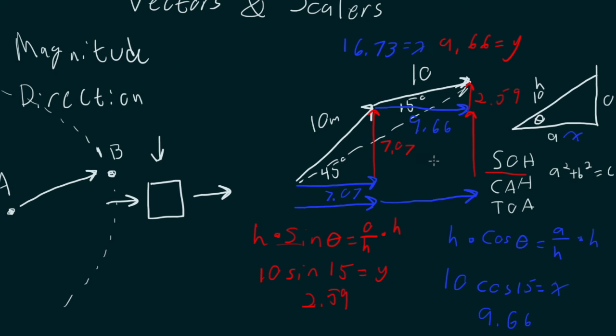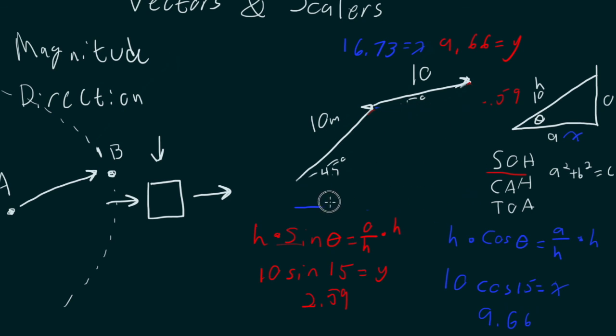So just to start off, what we're going to be doing is breaking our vectors into their individual components. So you're going to be using sine and cosine and treating each vector like it's its own individual triangle in order to give us the actual components of it. So each vector is going to get split up into an x and a y.